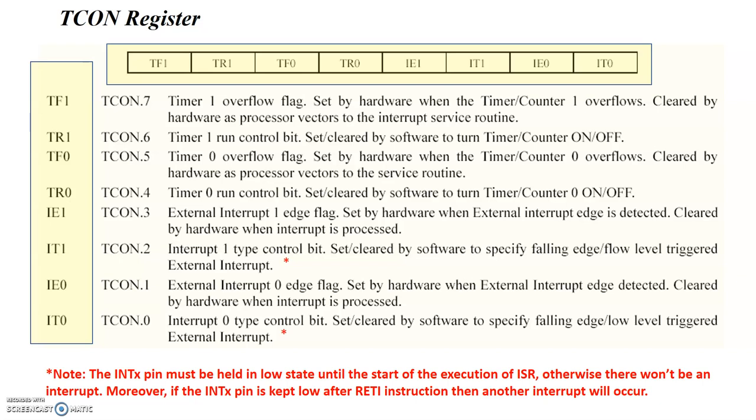While if we are setting it, then that would mean when there is a transition from high to low at that particular pin, the interrupt will occur. Okay, so let's move on.